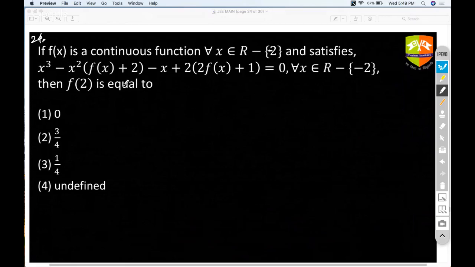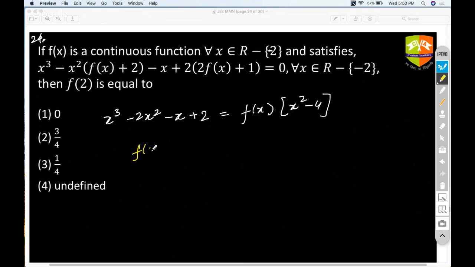Fine. So let us first make dy by dx the subject of the formula over here. So it's x cube minus 2x square minus x plus 2 is equal to f of x times x square minus 4.